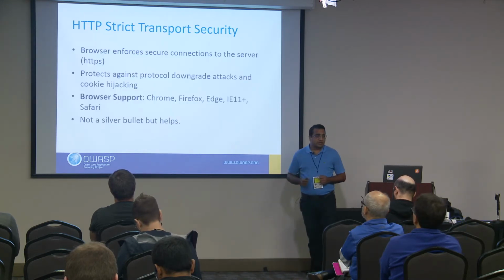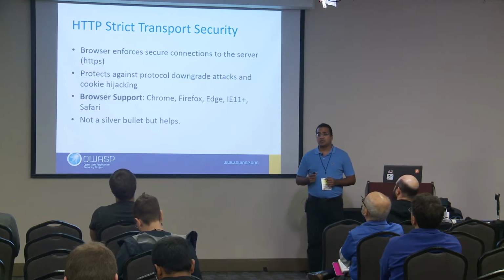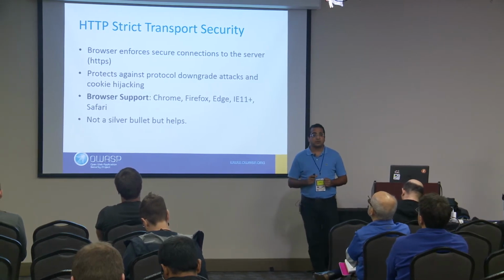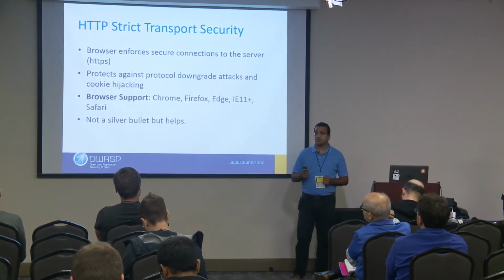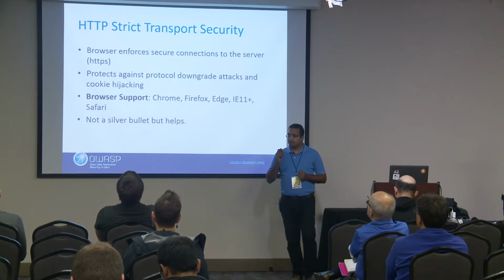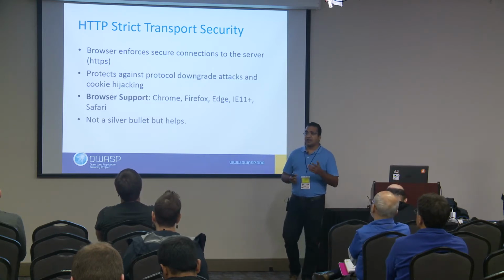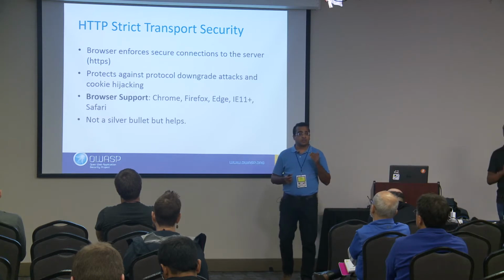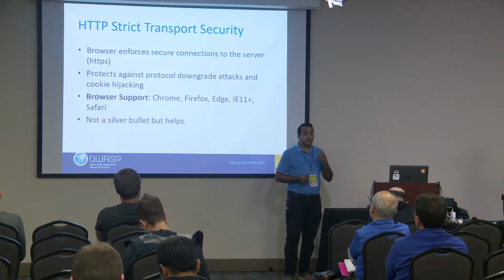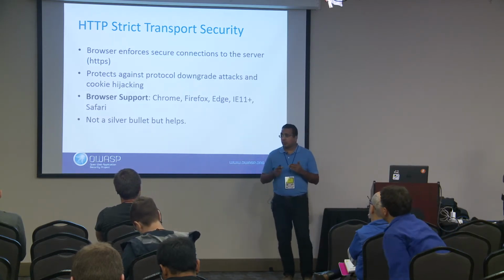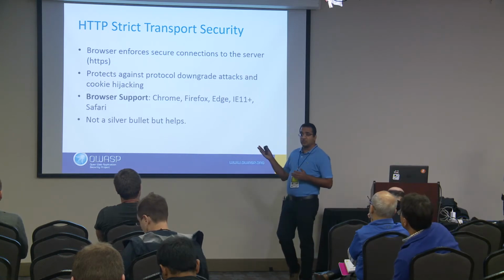So let's start with the strict transport security header. So that's a security header which enforces the browser to always use secure channel of communication with your web server. The benefit of that is if an attacker tries to downgrade your protocol to use unsecure channel like HTTP, the browser will reject that. So the good thing about this, it's supported by most of the browsers.